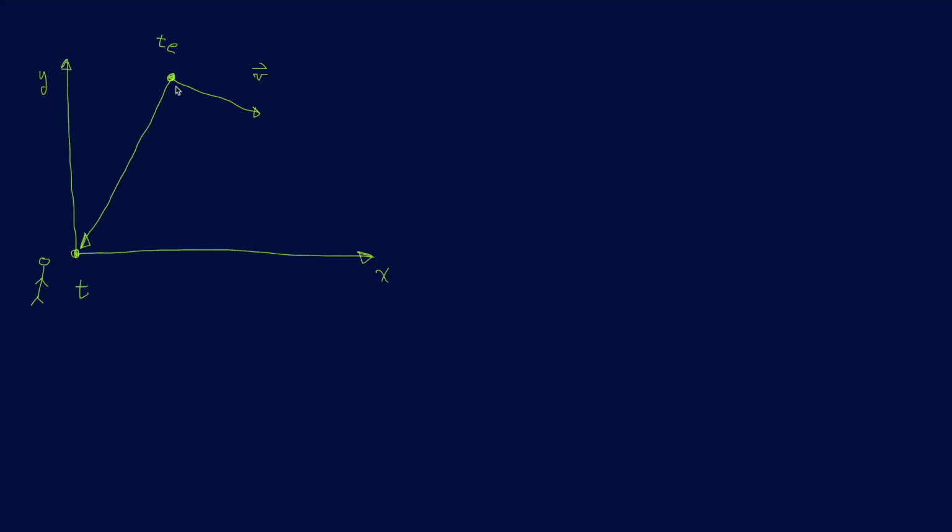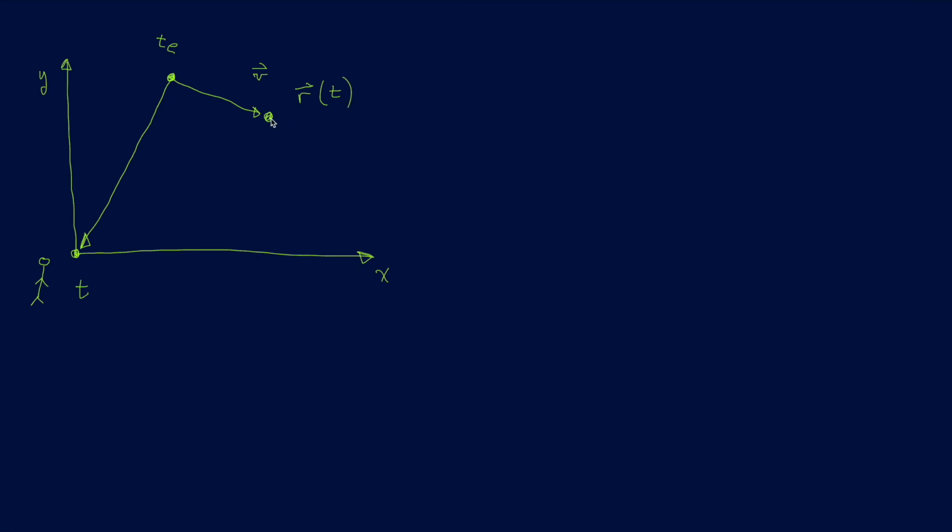Okay? So the source started here, but light speed being finite, while the light is moving this way, the point source is continuing to move over here and ends up at this new position. Okay? And this new position is r. We're going to call that the position vector r. And that's at time t.